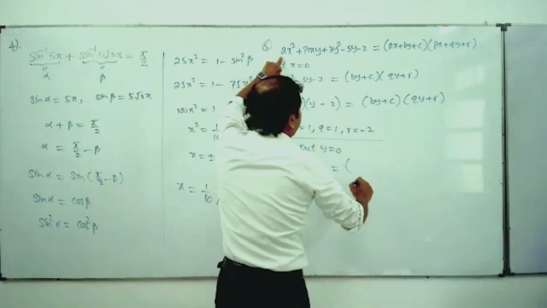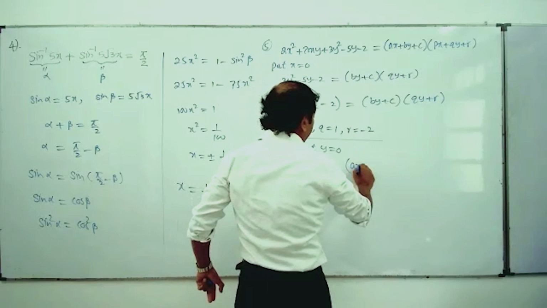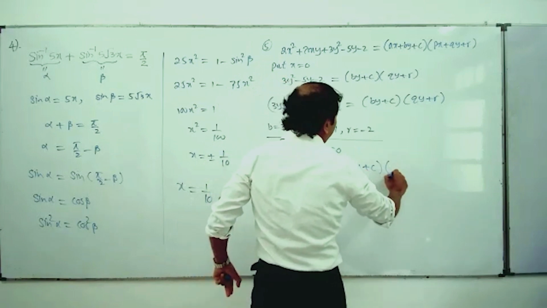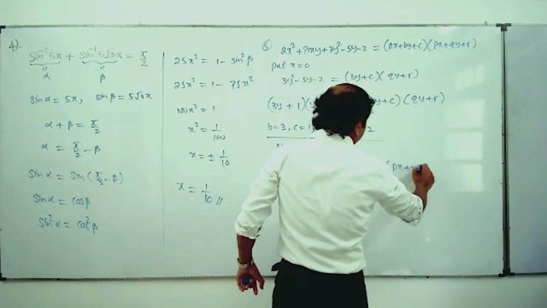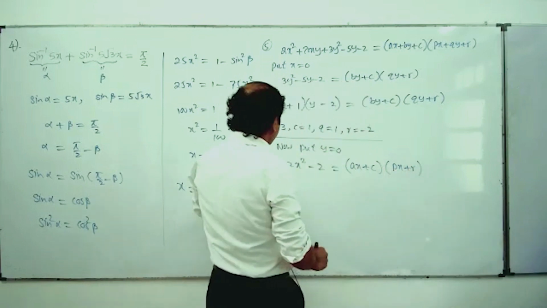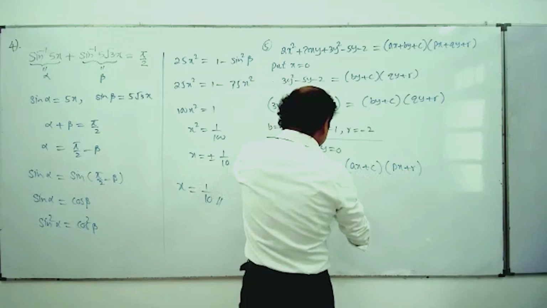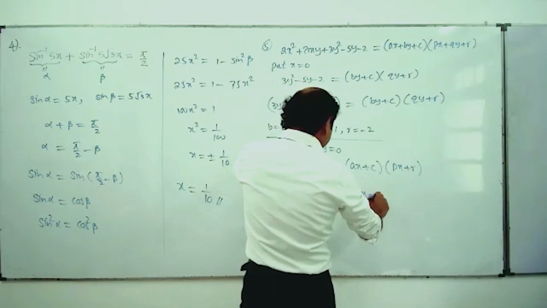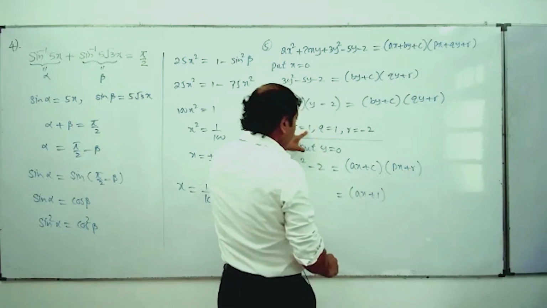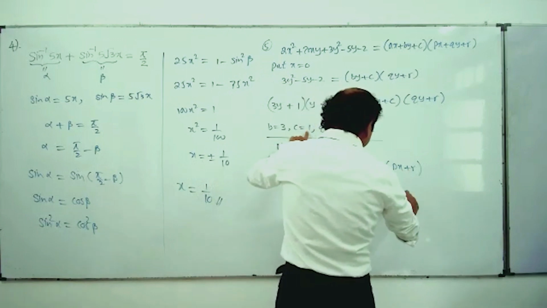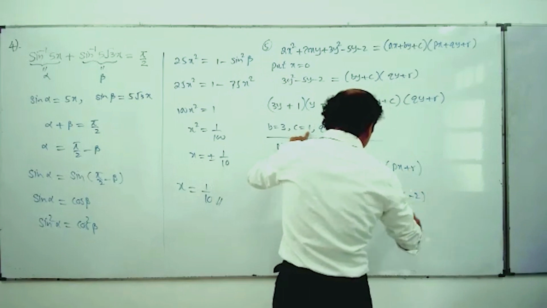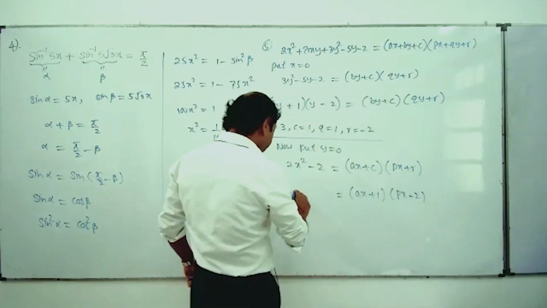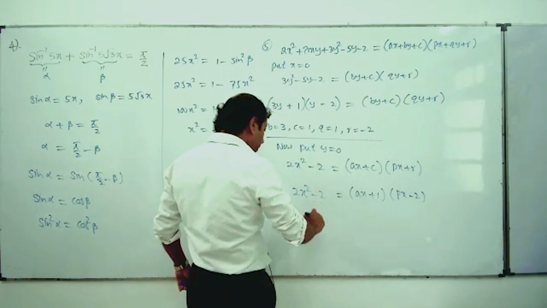On the right hand side, y equals 0 means first bracket ax plus c, second bracket px plus r. We know the values of c and r: substitute c as 1 and r as minus 2. On the left hand side we have 2x squared minus 2.